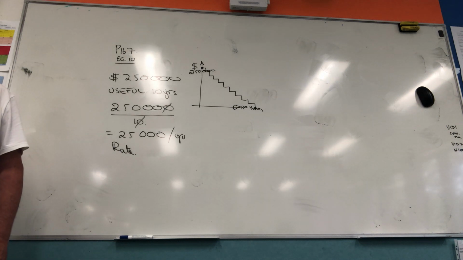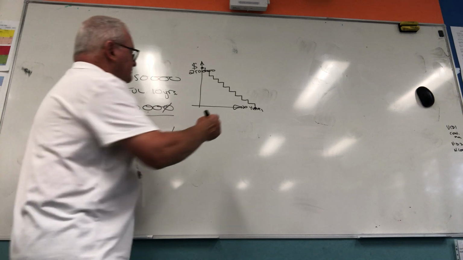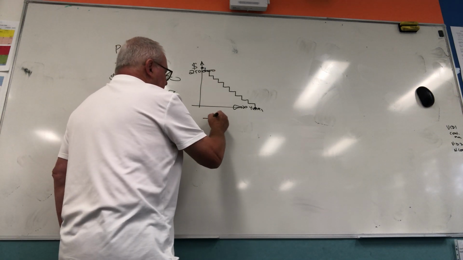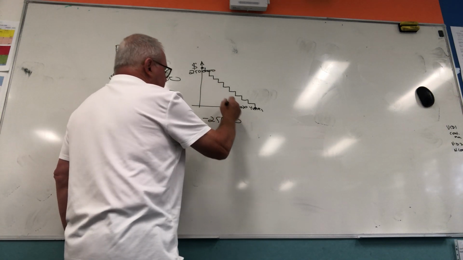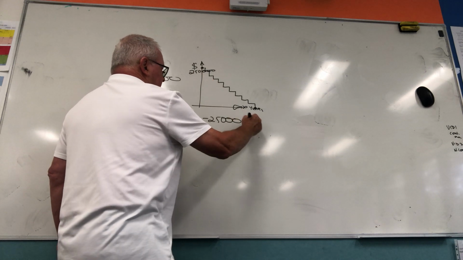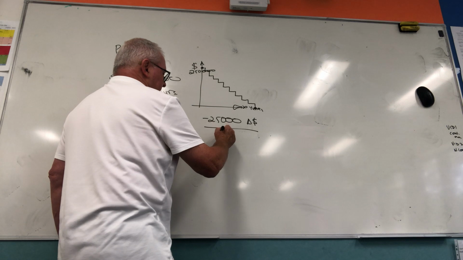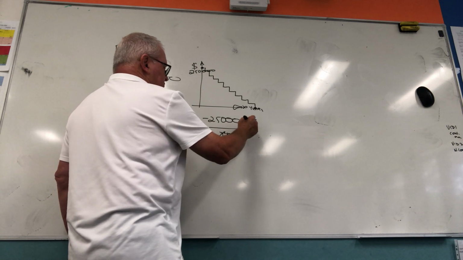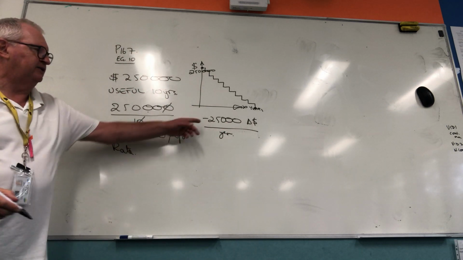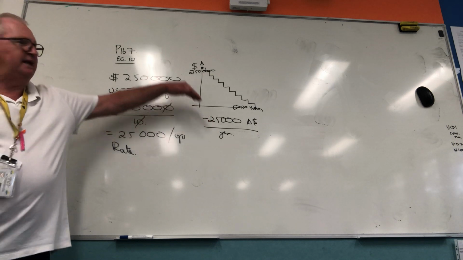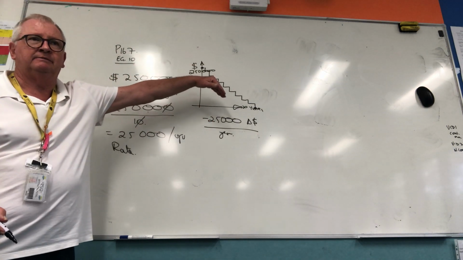It steps down. Every year it drops $25,000, so that's minus 25,000. That's the change in dollars per year. That's the rate. That's the slope of that line.